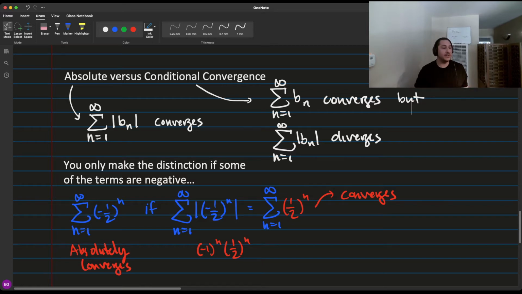So you take the absolute value of all the terms, and it ends up diverging, but the original thing still converges. That's what conditional convergence is.